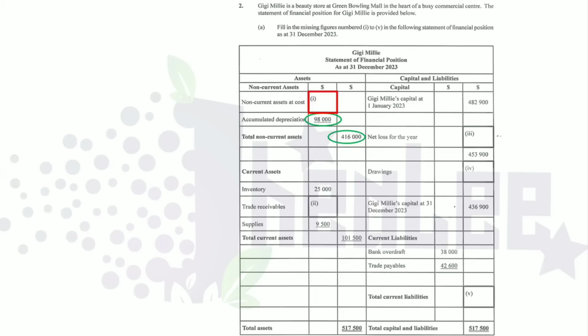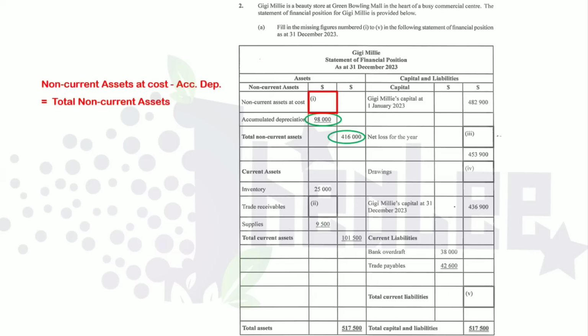This is actually the cost before depreciation. So we pick up the non-current assets at cost minus accumulated depreciation, and that would give us the total non-current assets, which is the value after depreciation.